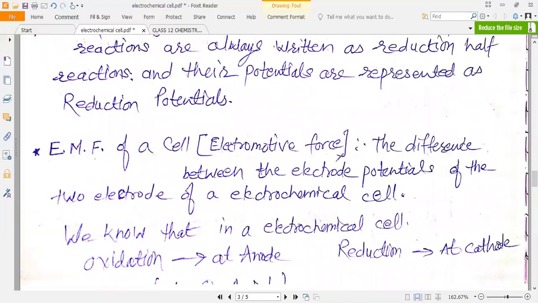So the next point of discussion is determination of EMF of an electrochemical cell. How can we determine the EMF of an electrochemical cell? EMF means electromotive force of the electrochemical cell. Simply, the definition says it is the difference between the electrode potentials of the two electrodes of an electrochemical cell.